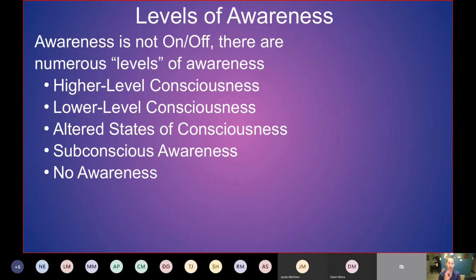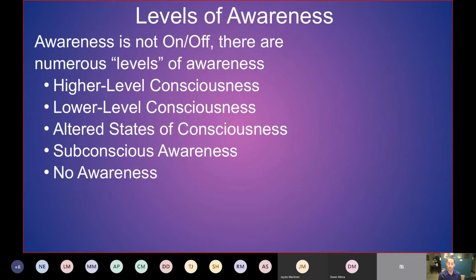So with that awareness, remember, consciousness is awareness and arousal. Awareness isn't just an on-off switch. Awareness has different levels, so you can have higher levels of conscious awareness, lower levels of conscious awareness, altered states of conscious awareness, subconscious awareness, and then also no awareness, or having that awareness completely off.